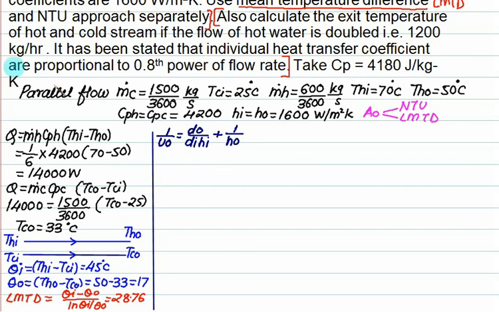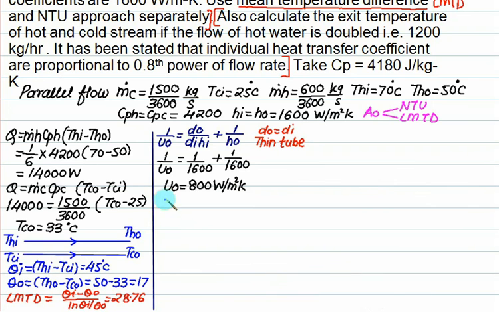Temporarily we assume DO equals DI, that is, it's a thin tube. In that case DO and DI cancel, and 1 by U0 is 1 upon 1600, so U0 comes out to be 800.